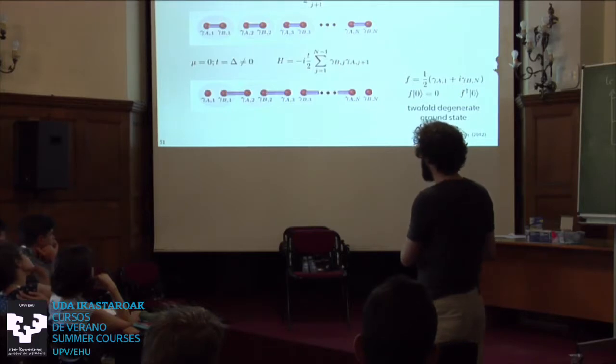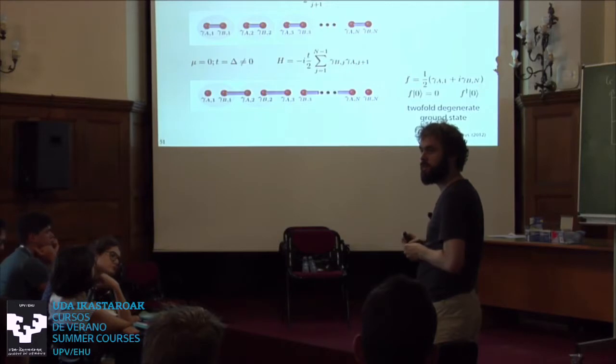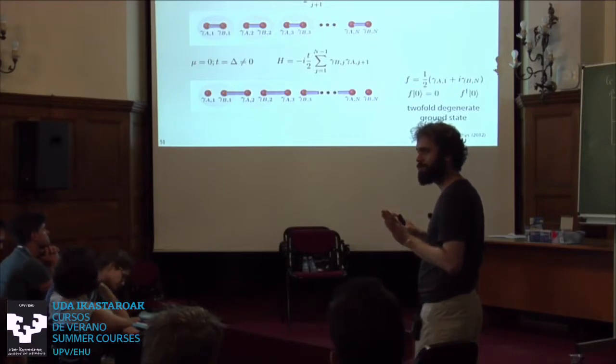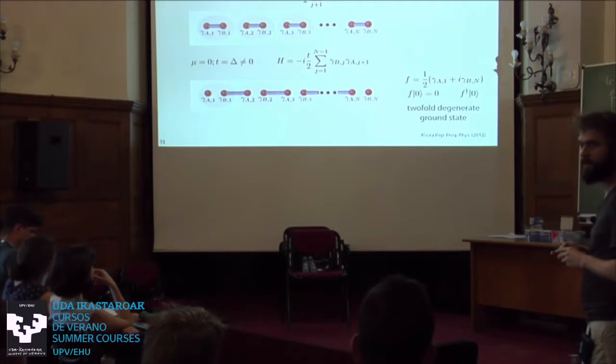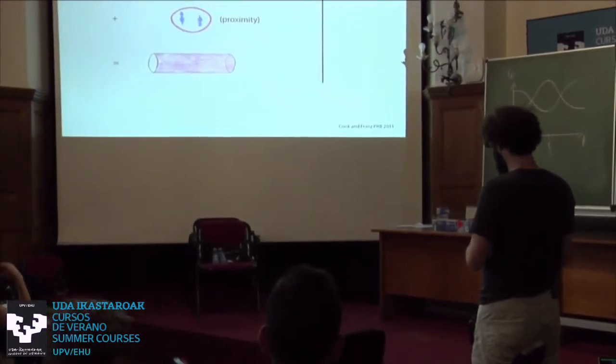And these are the Majorana modes that some people are hunting for vigorously. Is that clear? Give or take? Okay. So how do we now get these guys in the wires?